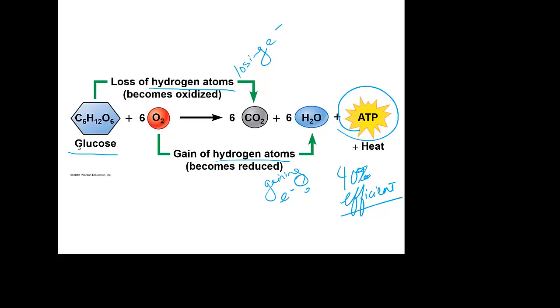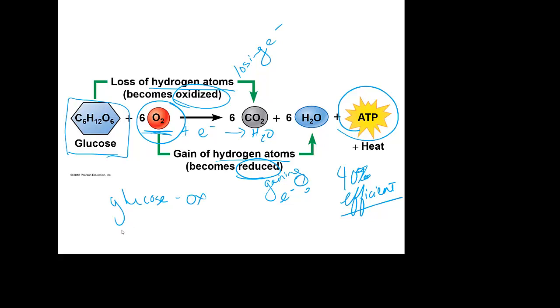So if glucose is losing electrons, it's oxidized, right? And if oxygen is gaining electrons to give us water, oxygen is actually reduced. So glucose, oxidized, oxygen, reduced.